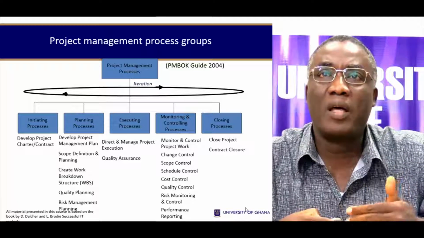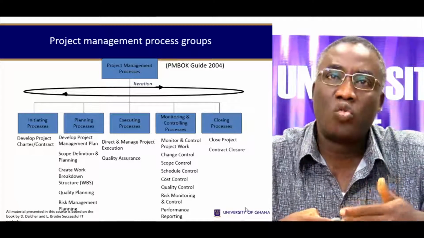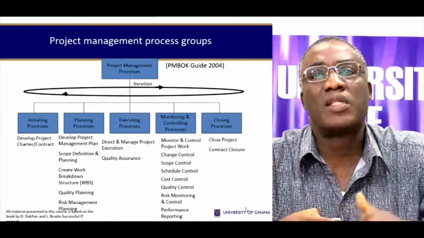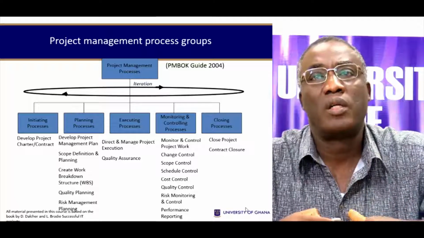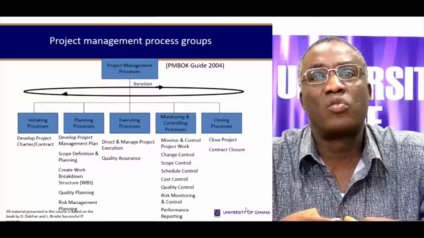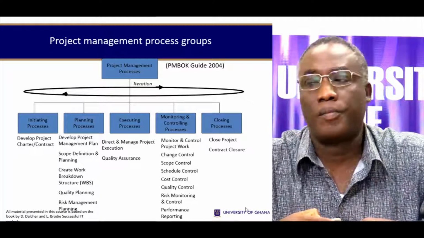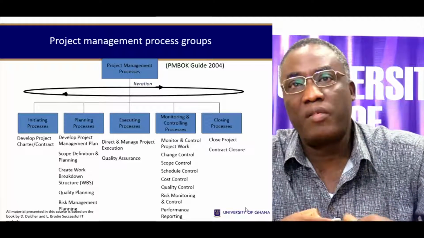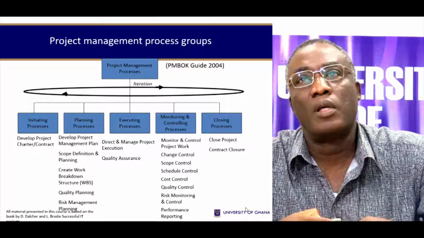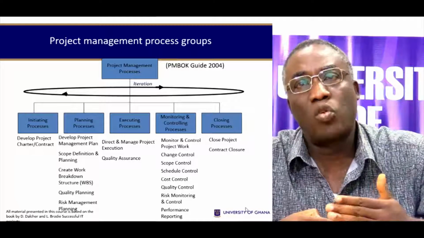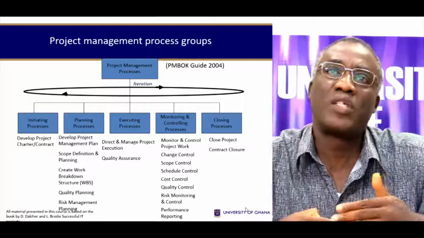You need to monitor and control the project work, the change control, scope control, schedule control, cost control, quality control, risk monitoring and control, as well as performance, and then reporting. And then finally, the closing processes would involve closing the project and contract closure.